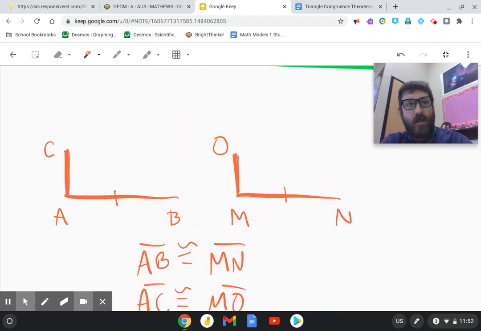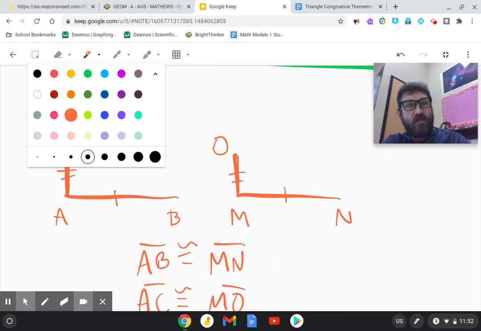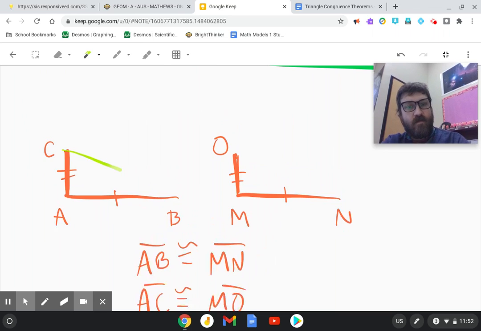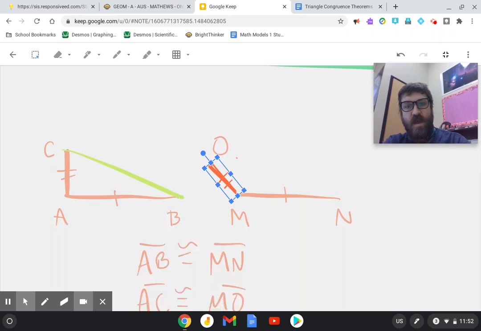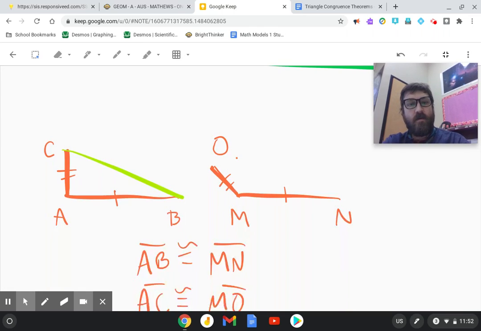Now, I've drawn this a certain way, but let's say this triangle here is the way that it is, and the third side of this triangle goes something like this, right there. There's a triangle. Now I'm going to change something about this triangle. Let's say we have those two sides. Well, if I rotate this triangle and move it just like that, these two are still the same length.